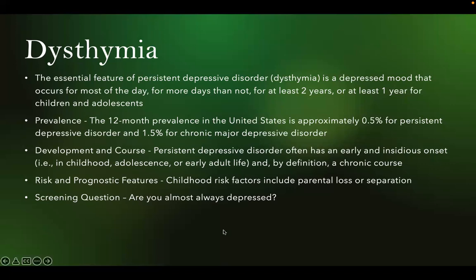And then a screening question for this is: are you almost always depressed? So it's this kind of low-grade depression. It is baseline, the persistent mood that the person is just used to. They are in a depressive mood most of the time, for at least the last 2 years.